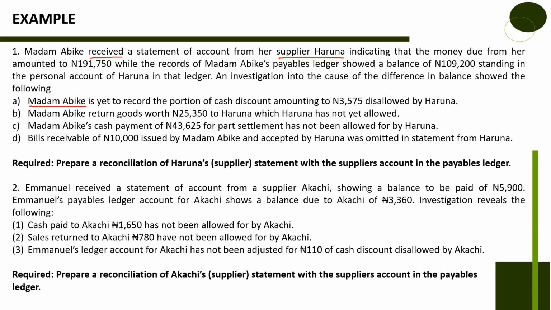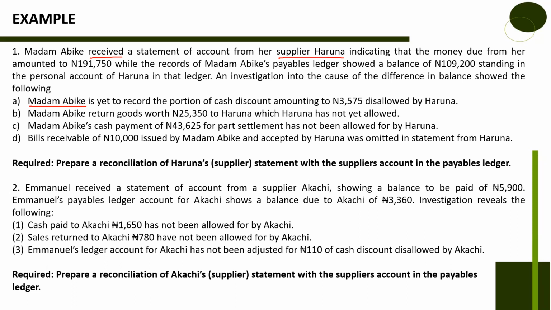Madam Abike is the payable, right? Discount disallowed. Will it increase your payables or will it reduce your payables? Let me do it this way. Use discount allowed.